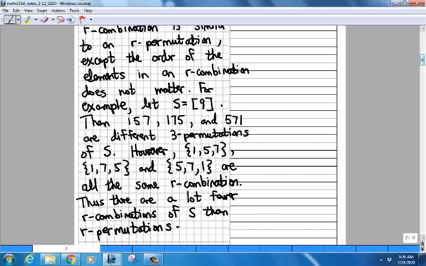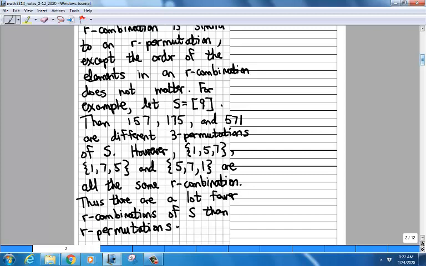However, if you just take those 3 elements and think of them as a subset of the original set, that is called a 3 combination, and these 3 combinations are all the same, because they're subsets. So these 3 permutations are different, but they all relate to the same 3 combination.